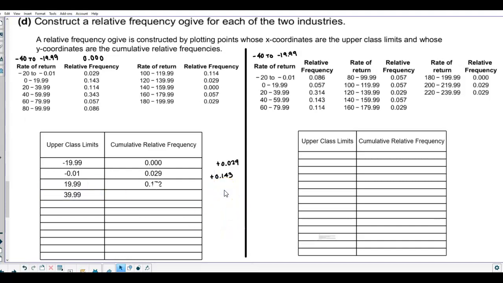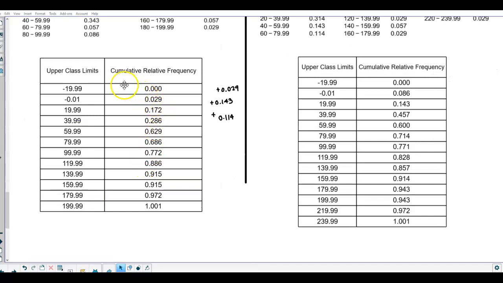And then we're going to again add 0.114 to 0.172 to give us 0.286. So what we've done now is we've put in our cumulative frequency for both. So we have our upper class limits and our cumulative frequency, and we end up with 1.001, which means we can go over at least 0.001 or under 0.999, which means that if you're getting it that close, you're adding your numbers correctly.